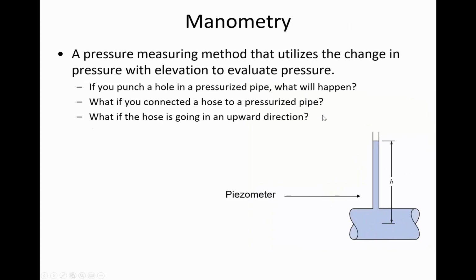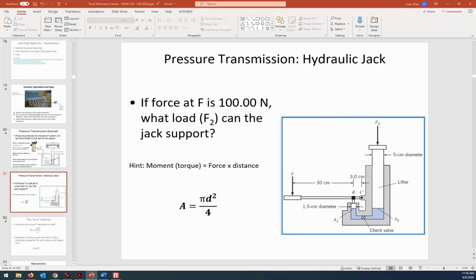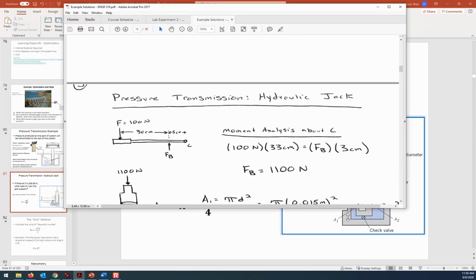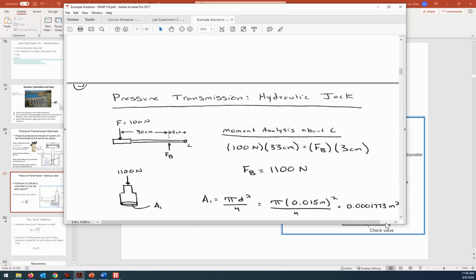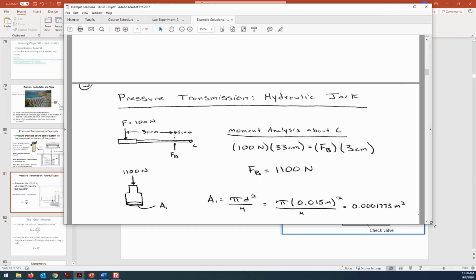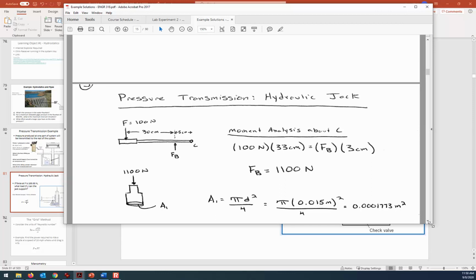All right, let me bring it up. This next step. All right, so we know the force at B and the area of that part given its diameter. So the diameter is 1.5 centimeters, so that's 0.015 meters.